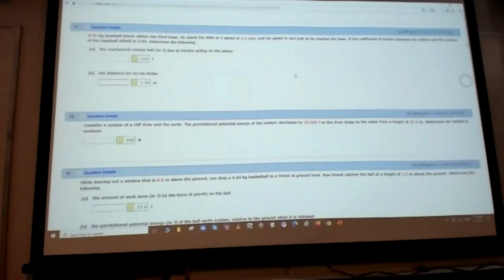So 69 kilograms mass, starts at 4 meters per second, final is 0, and you know coefficient of friction. Mass, initial speed, final speed, coefficient of friction.